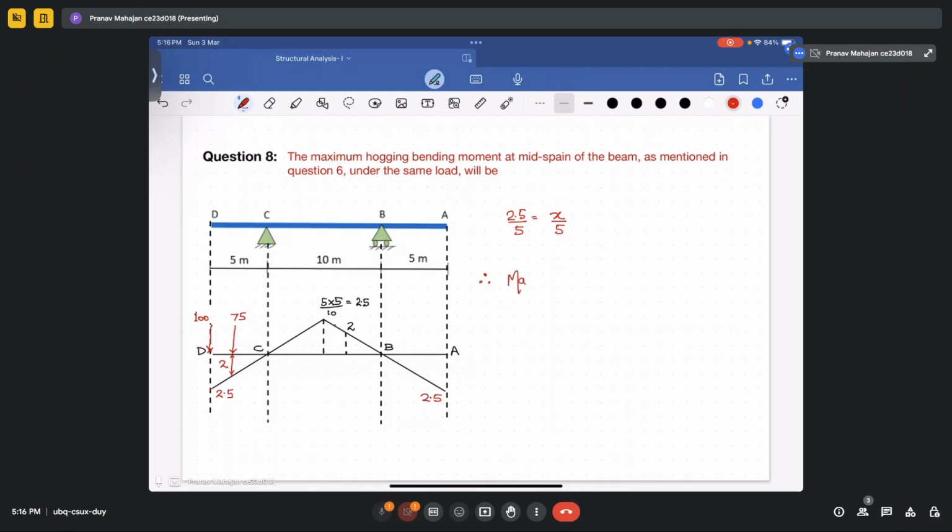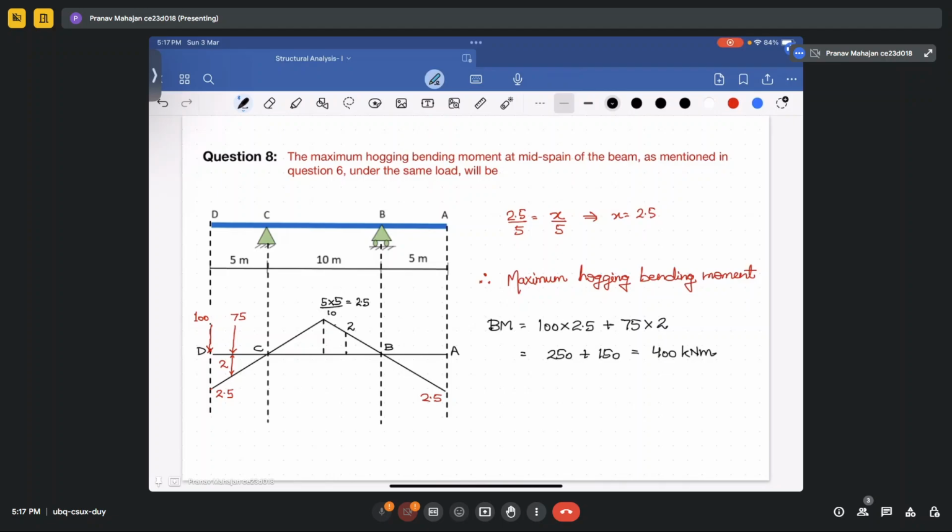So maximum hogging bending moment will be equal to 100 into 2.5 plus 75 into 2. So that will be equal to 250 plus 150, equal to 400 kilonewton meter.